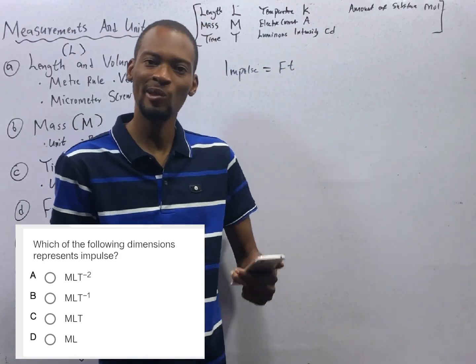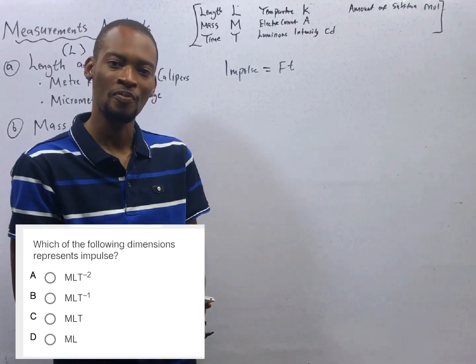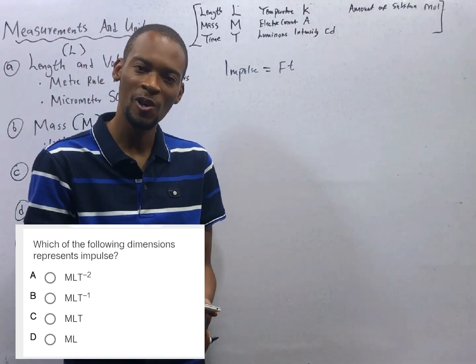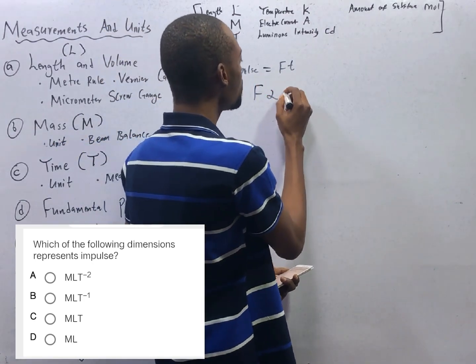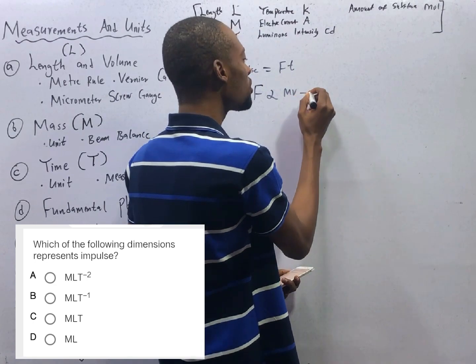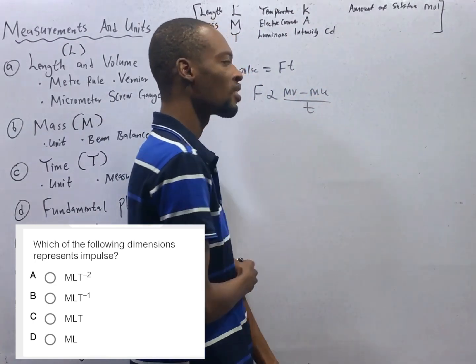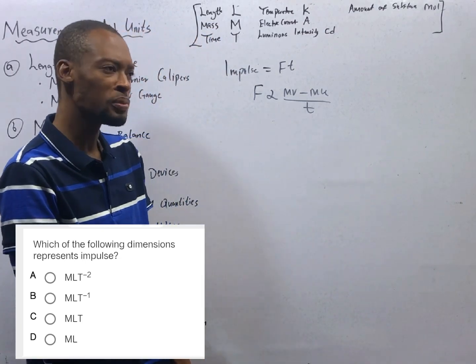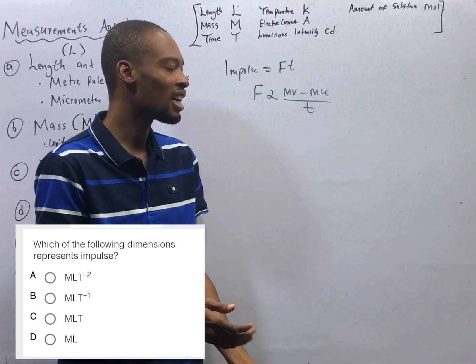From Newton's second law of motion, the rate of change of momentum of a body is proportional to the force applied. And change in momentum is final momentum minus initial momentum over time. That is change in momentum. mv is final momentum, mu is initial momentum.